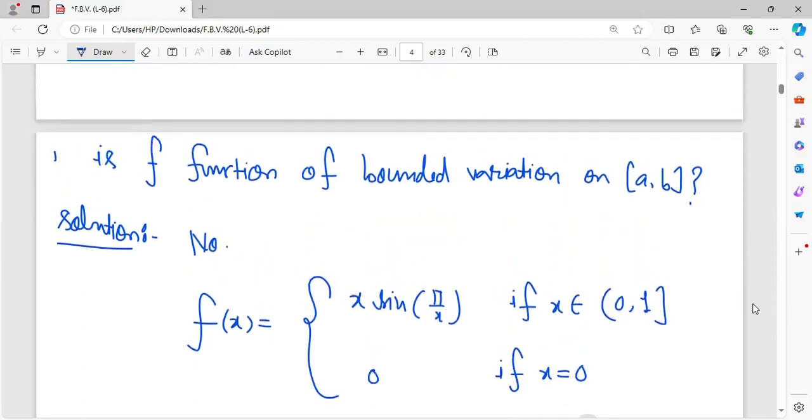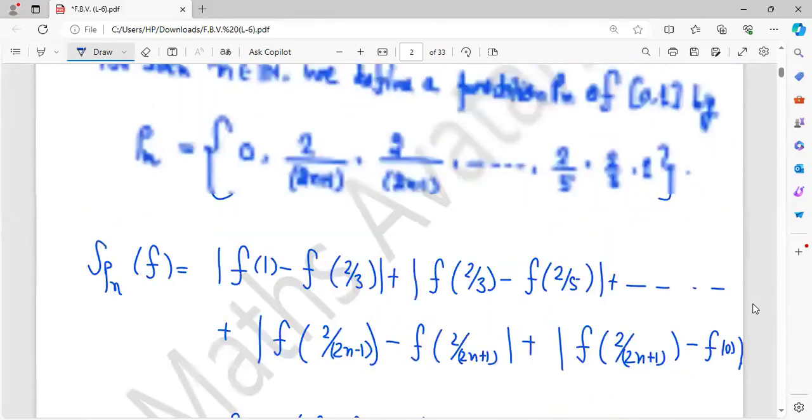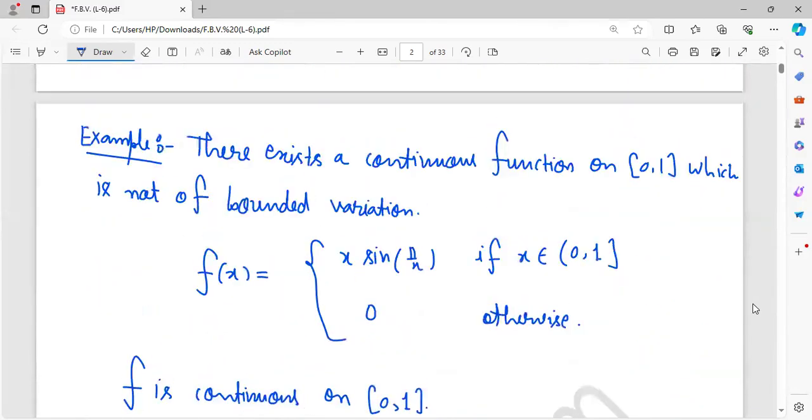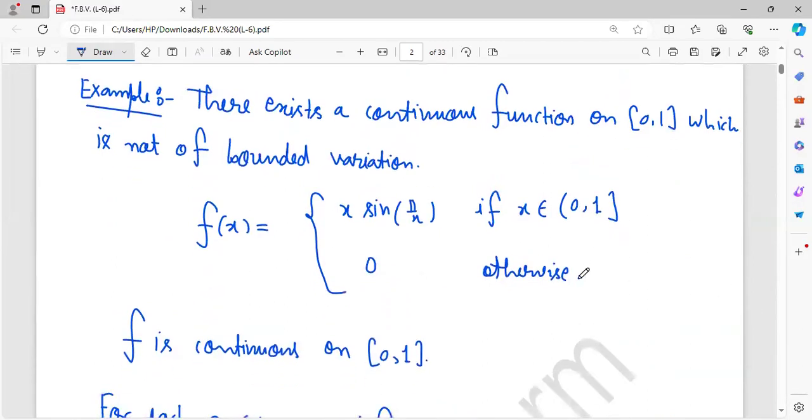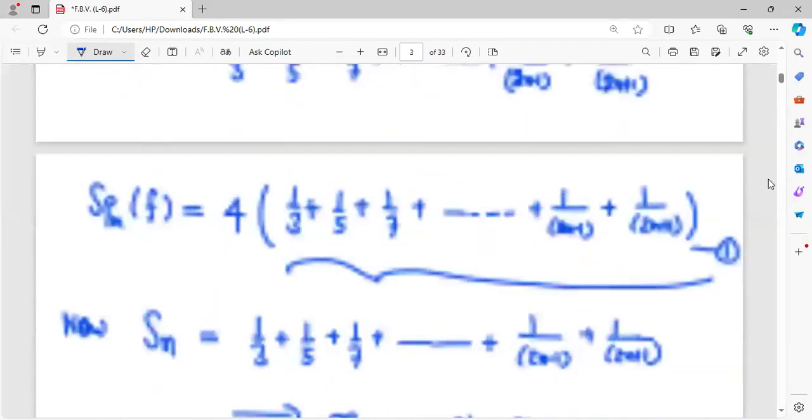We have written this example at the start. In the place of otherwise, you will write x is equal to 0. At x is equal to 0, it will be better, because we have to define only one single point. So x is equal to 0 will work here.